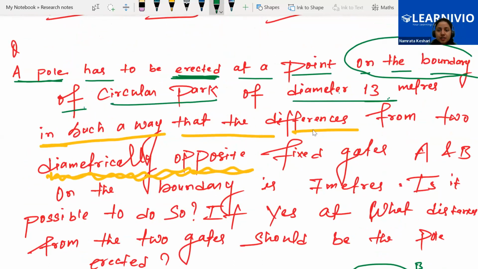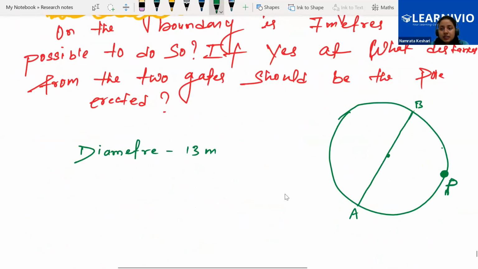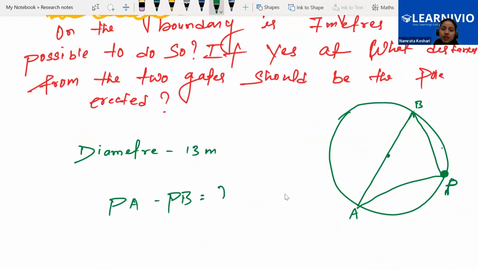It says the pole is erected in such a way that the difference of distances from two diametrically opposite fixed gates A and B, this distance and this distance, that means the difference between PA and PB is given as 7 meter.